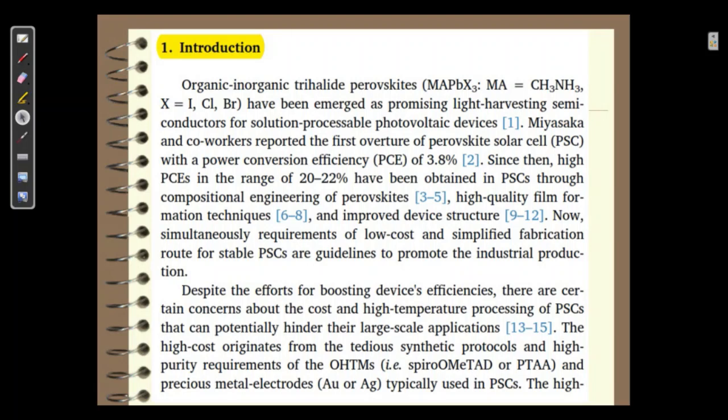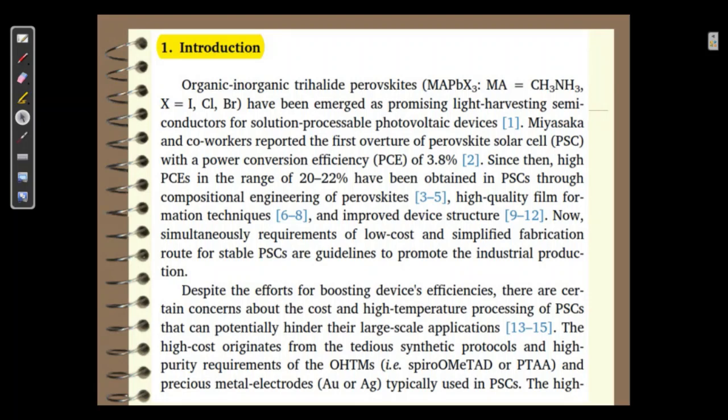Then it goes directly to the next paragraph: despite the efforts for boosting device efficiency, there are certain concerns about the cost and high temperature processing of perovskite sources that can potentially hinder their large scale applications. So now these are the limiting areas, the questions we need to address in the work in this specific area.